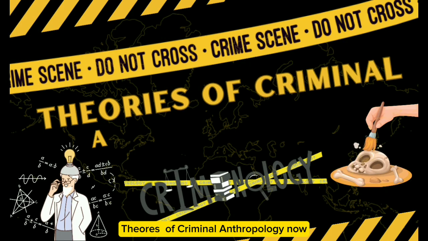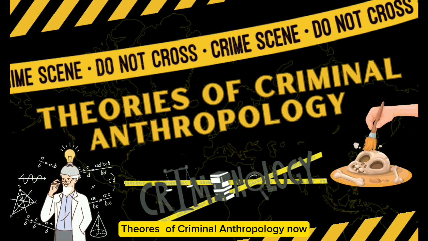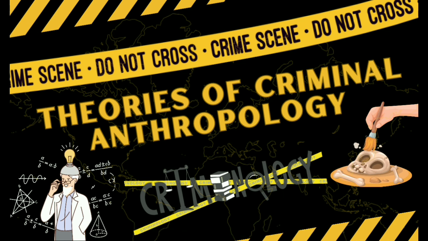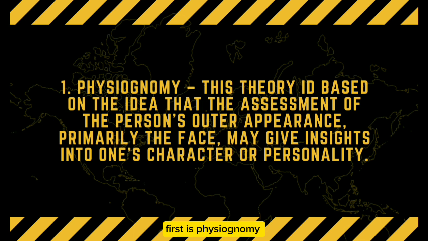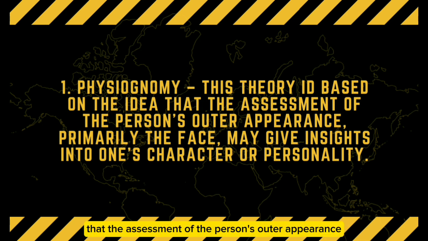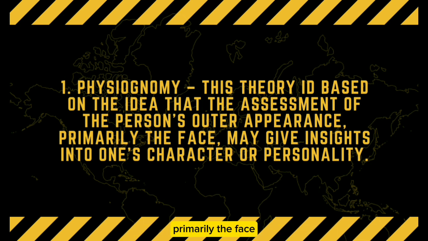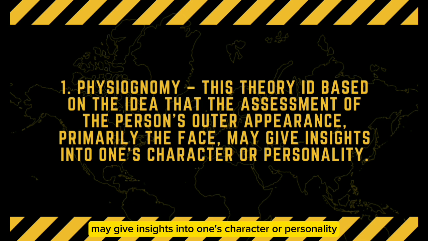Theories of criminal anthropology. Now, let us discuss all the theories in criminal anthropology. First is physiognomy. This theory is based on the idea that the assessment of a person's outer appearance, primarily the face, may give insights into one's character or personality.